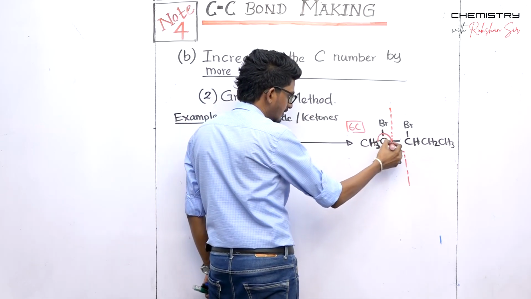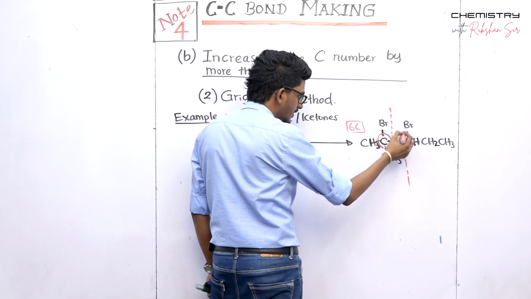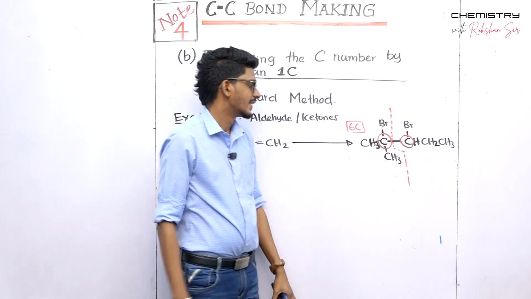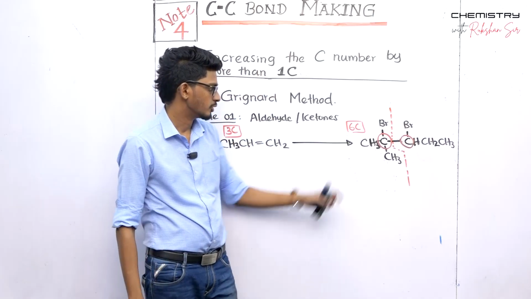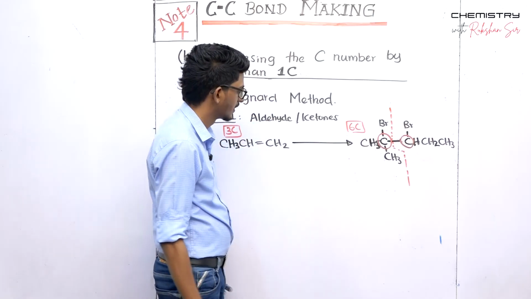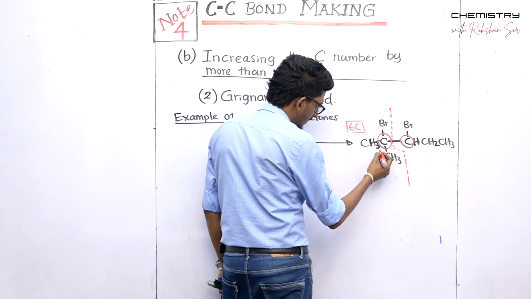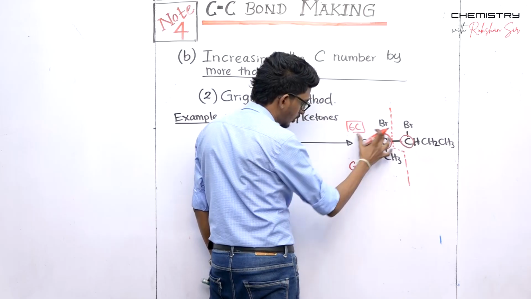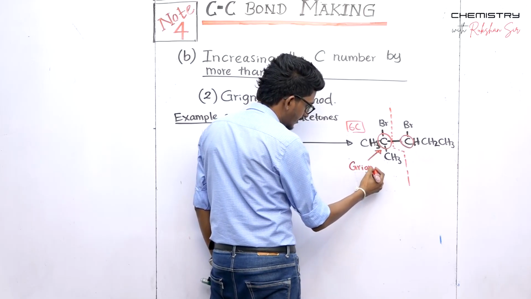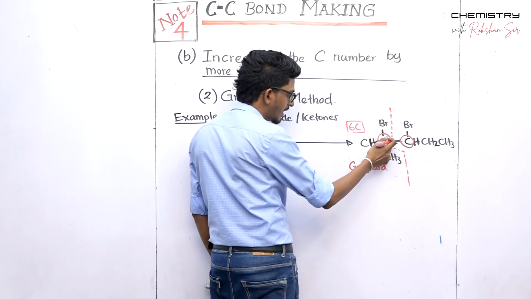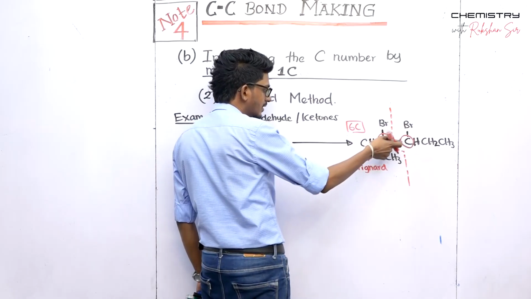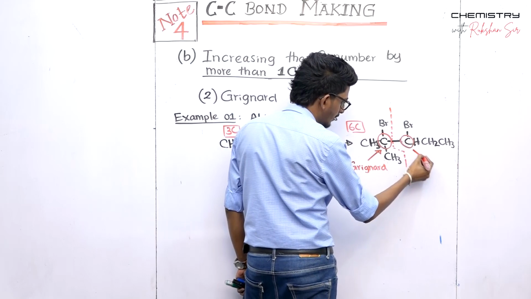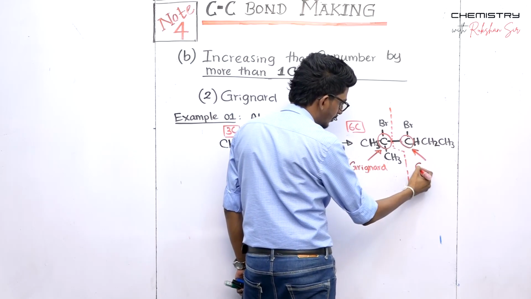Correctly identify the connectivity. These 2 carbons are the ones which had been connected to form this larger compound. This time around we are going to take this block coming from the Grignard, so this is the Grignard's functional carbon which bears the MgBr, and this block coming from the carbonyl.